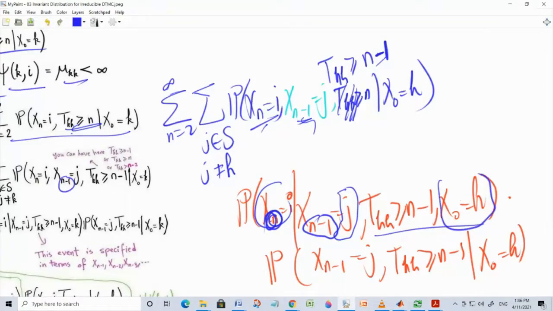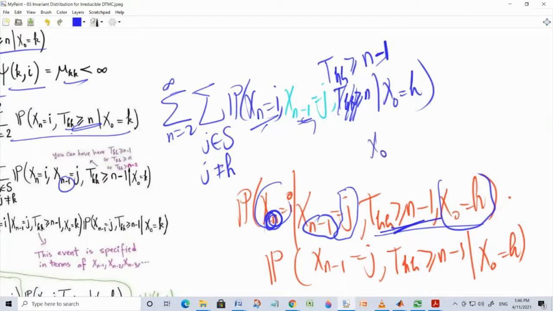One of them is telling us that the very initial state is k, and the other one is telling us that T_kk is greater than or equal to n minus 1. What does this event depend on? To know whether T_kk is greater than or equal to n minus 1, what do you need to know?